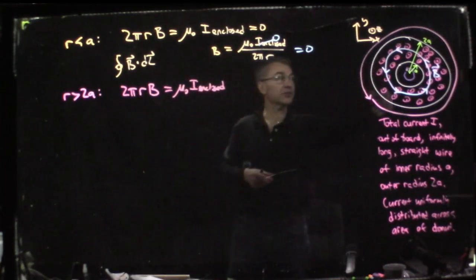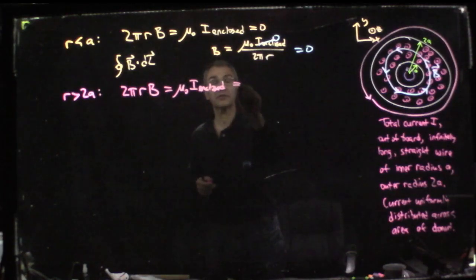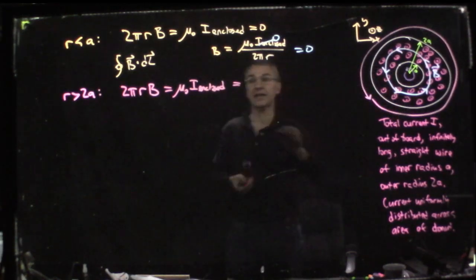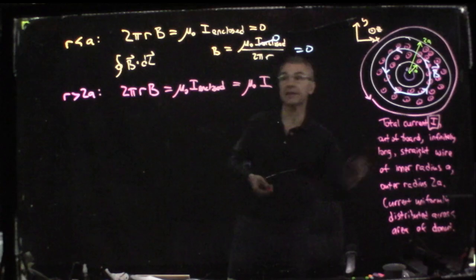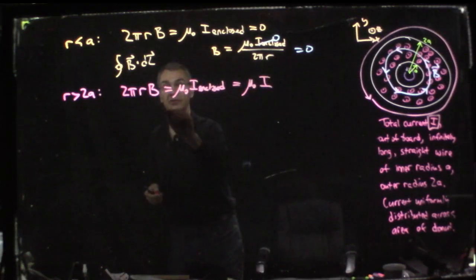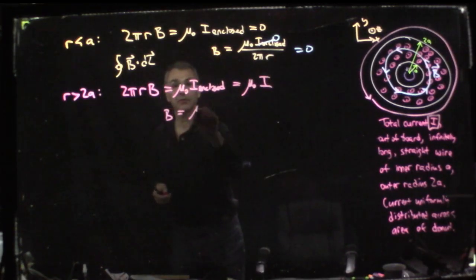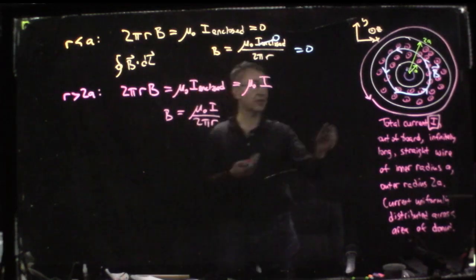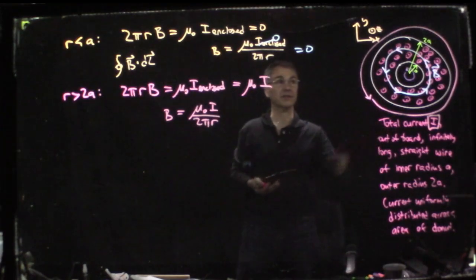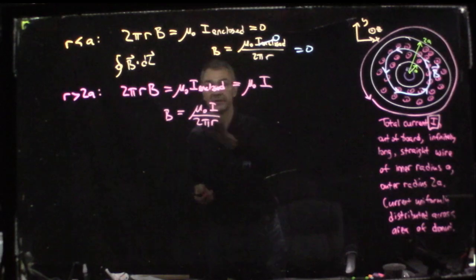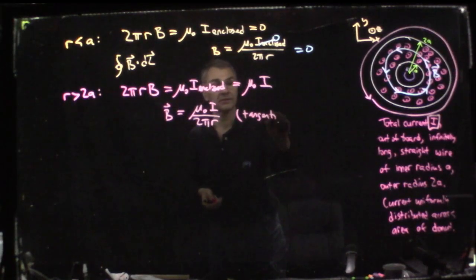This is easy because the total enclosed current is I. So that's mu naught I. Here's our total current I. That gives us that B is mu naught I over 2 pi r. That's the same thing you would get for just a single straight infinite wire carrying current I. And the direction is tangential, counterclockwise.